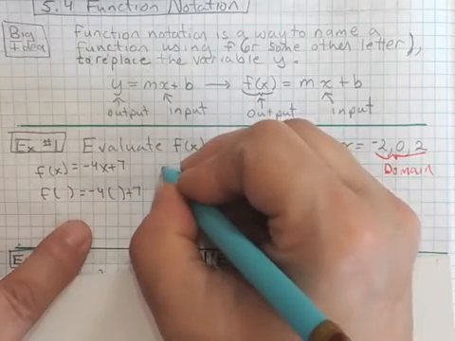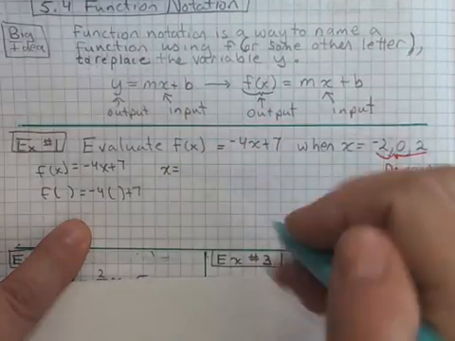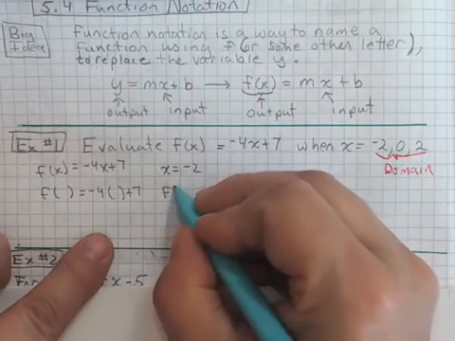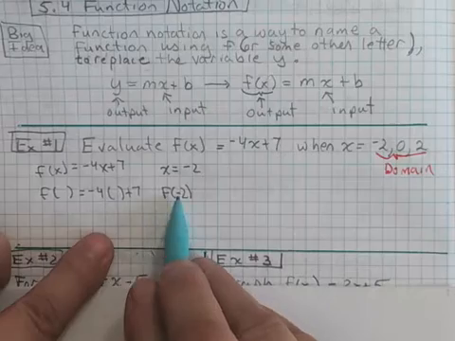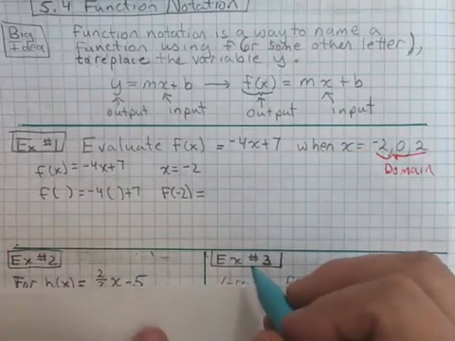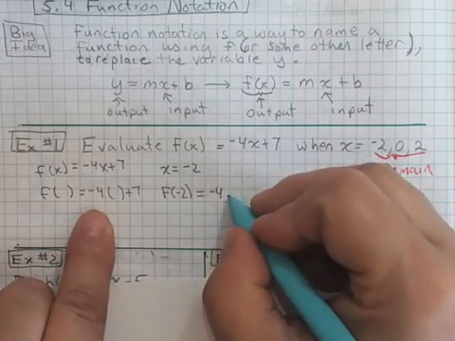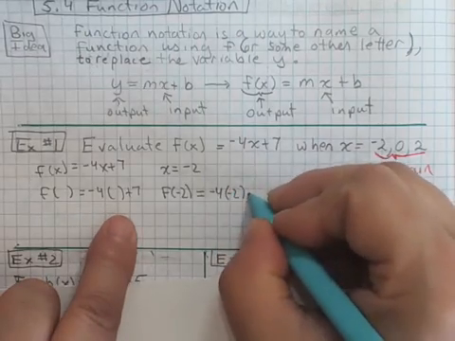So we'll start with x equals -2. Then I write f of -2, and that's how we say it, f of -2. So the function evaluated at -2 is -4 times the quantity -2 plus 7.